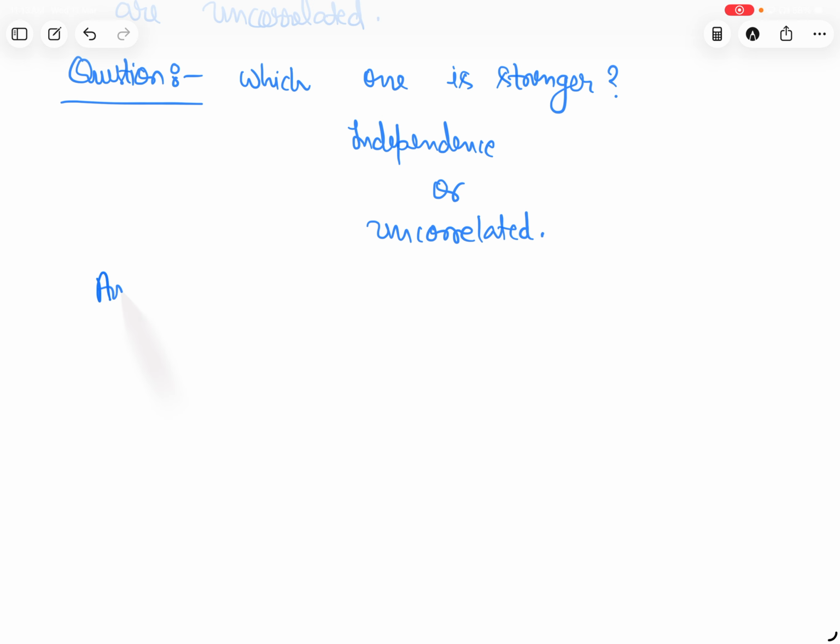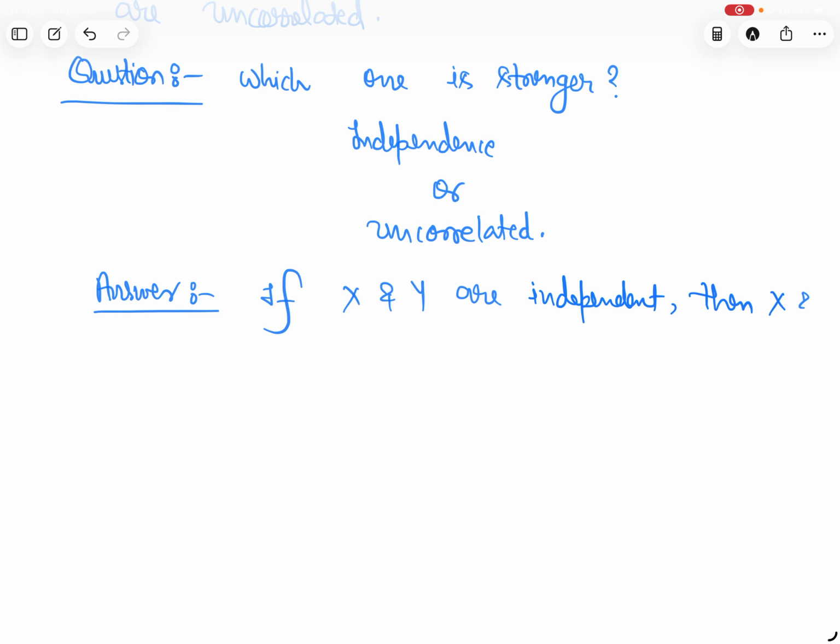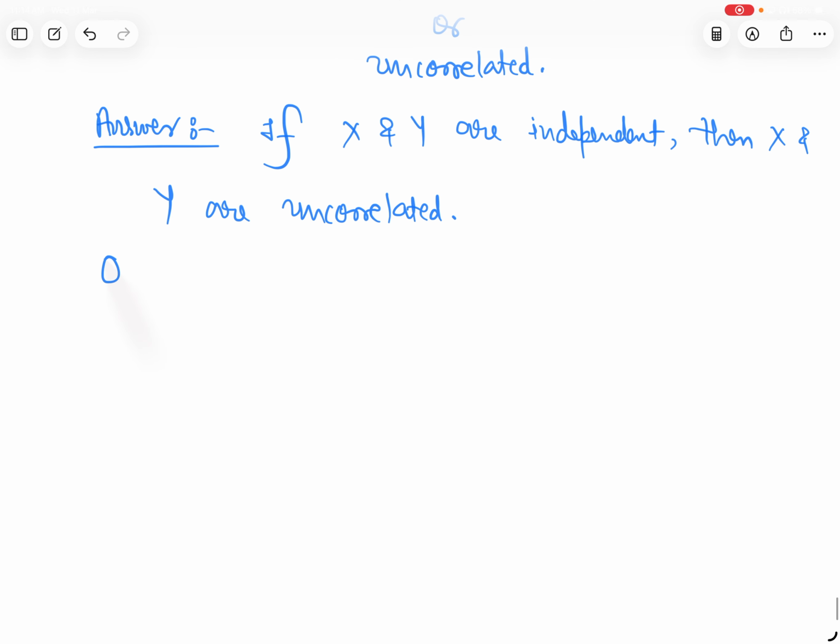So the answer is that if x and y are independent, we have seen it, then x and y are uncorrelated. Now my question is another: is the converse true?